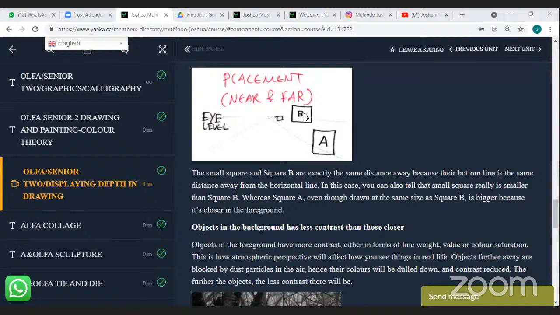But in reality, when it is brought closer to square A, you realize that it is very big. You get me? So that is part of it, and we shall be discussing it because of landscape drawing in nature. That's why I'm introducing this content, for us to be prepared for the landscape drawing that we shall be having ahead of us.